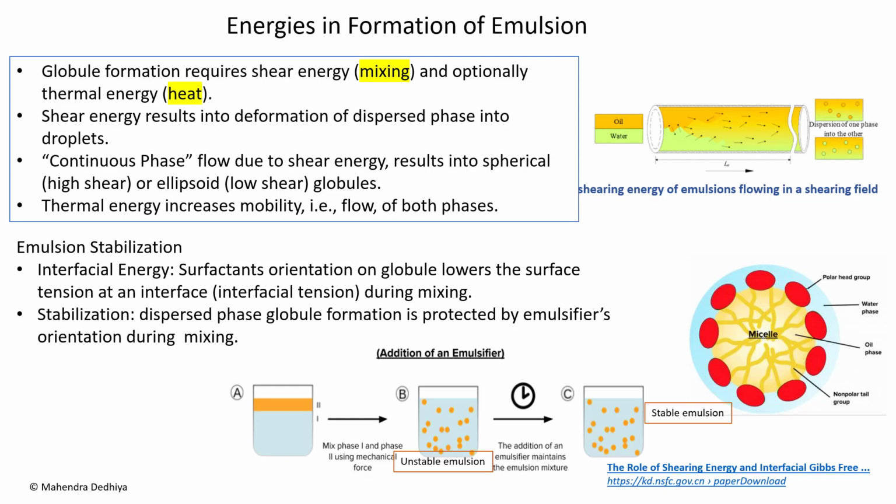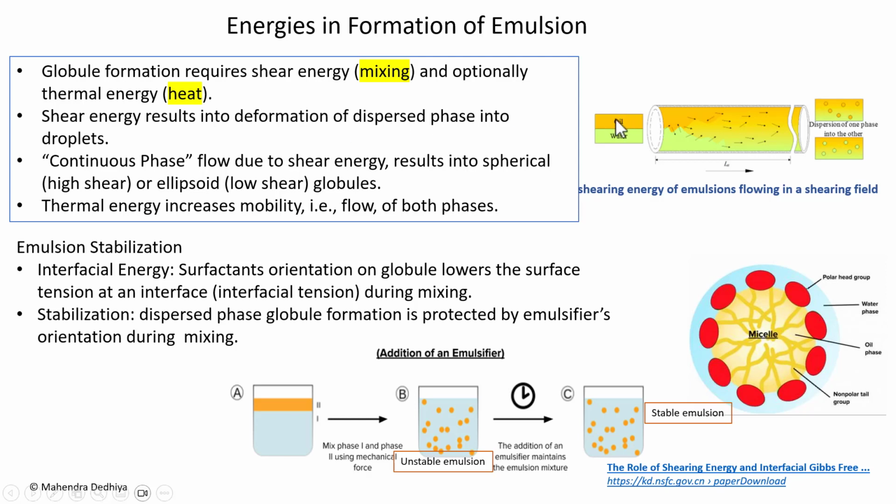Let's refresh what energy is required in the formulation of emulsions. Formulation of an emulsion requires two separate immiscible phases. Generally, we'll refer to them as oil and water. The globule formation requires shear energy, that is mixing, and optionally thermal or heat energy. Shear energy results in deformation of the dispersed phase into droplets.